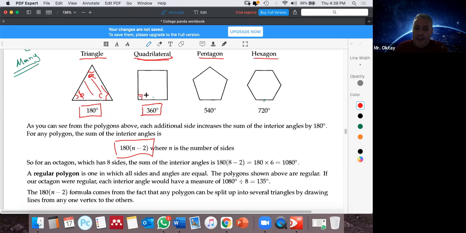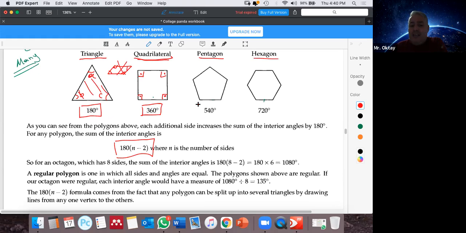I mean A, B, C, D. I cannot say this is 90, but I can say their sum is 360. And it's so simple. I can even prove this, but now no need.